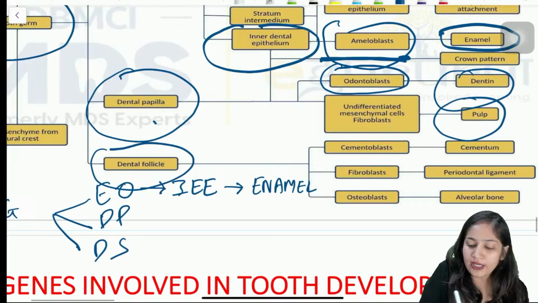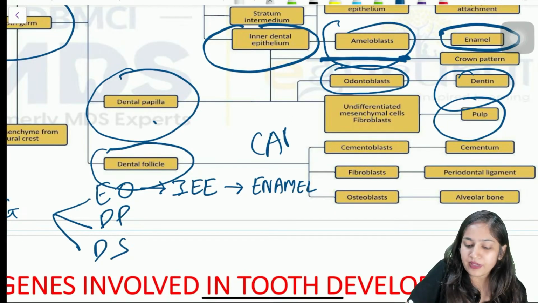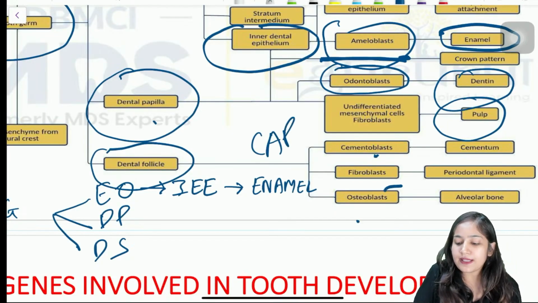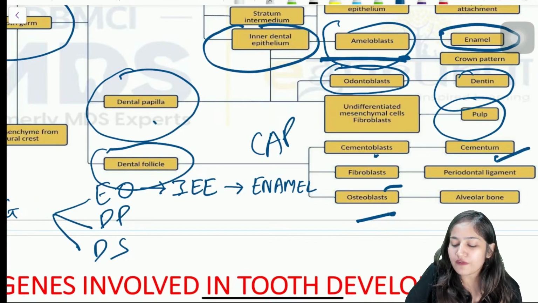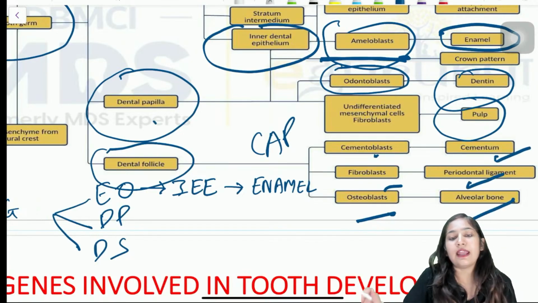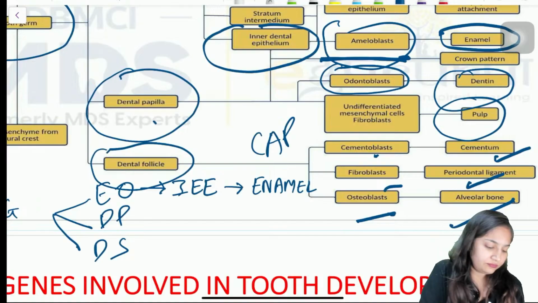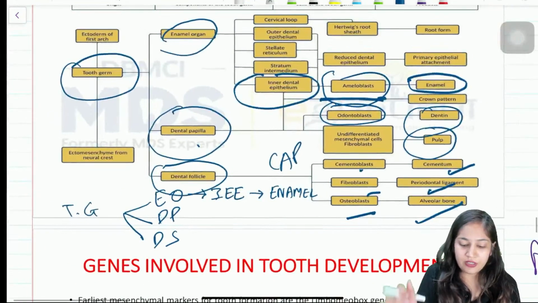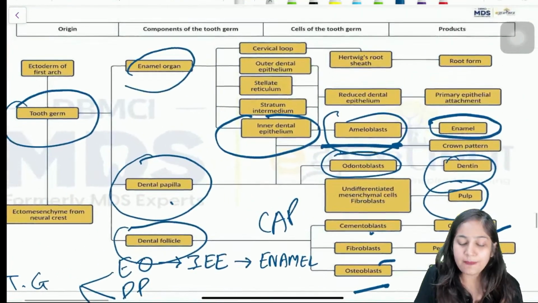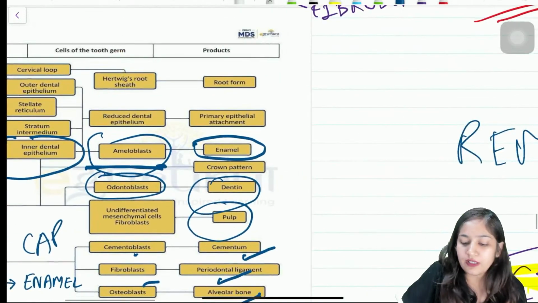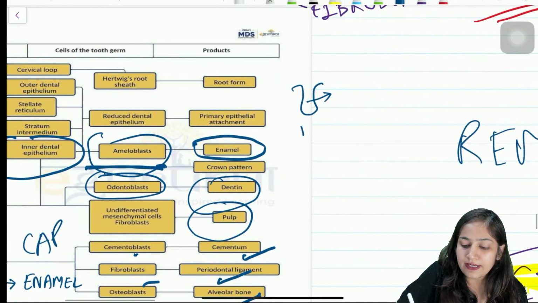And dental follicle, you can see, cementoblast, fibroblast, and osteoblast will lead to the formation of cementum, PDL, and alveolar bone. So this chart is also very important. Tooth germ is composed of enamel organ, dental papilla, and dental sac.